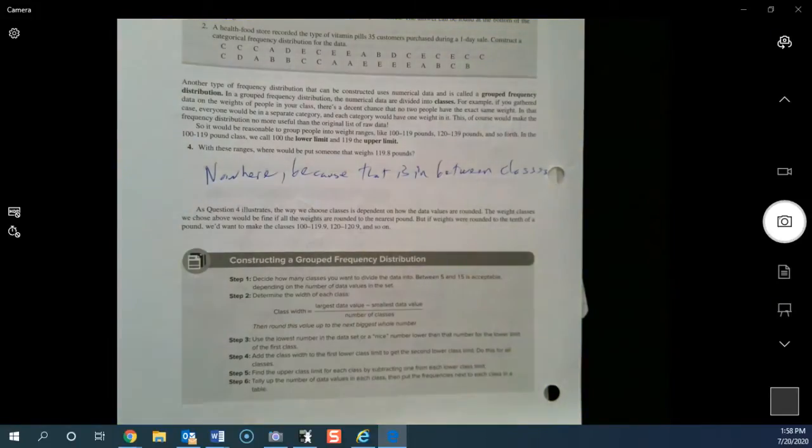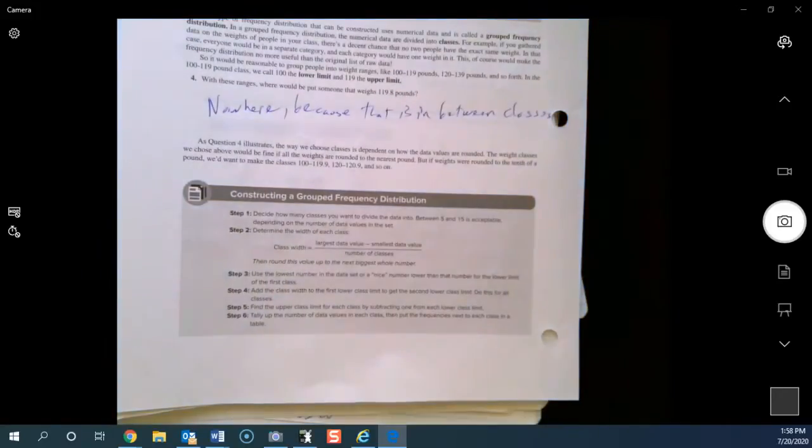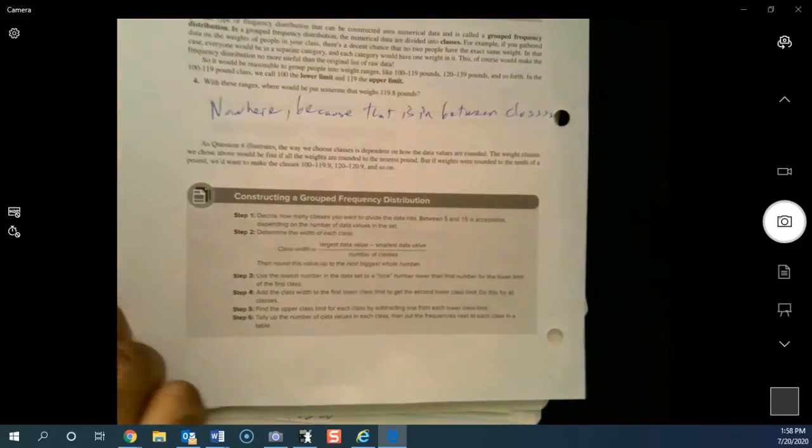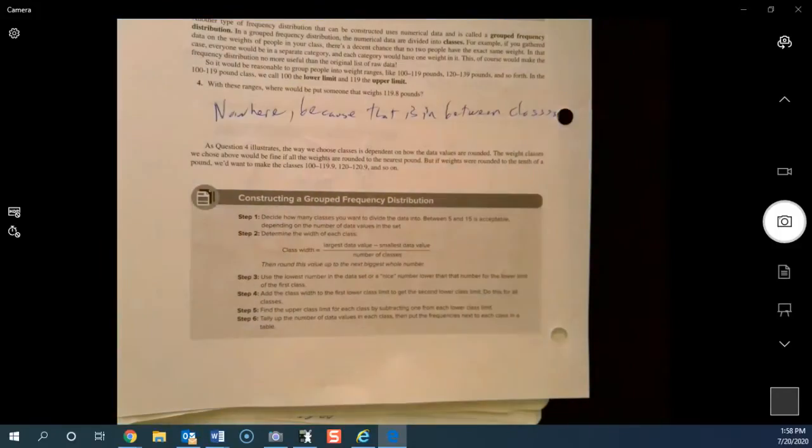Now it says constructing a group frequency distribution. Now this is very important, especially when you're making your note sheet. So it says here, decide how many classes you want to divide the data into. Between 5 and 15 is acceptable. So we want the data to be divided into no fewer than 5 classes, but no more than 15.